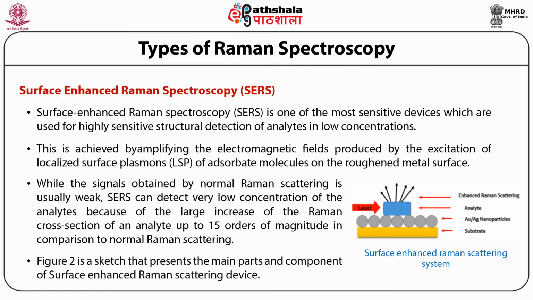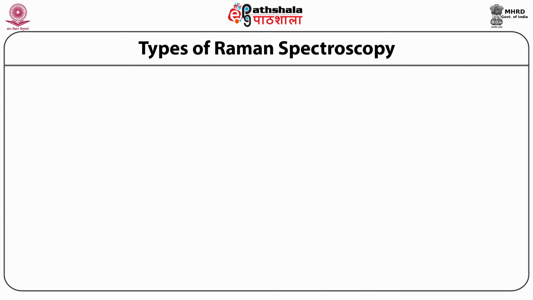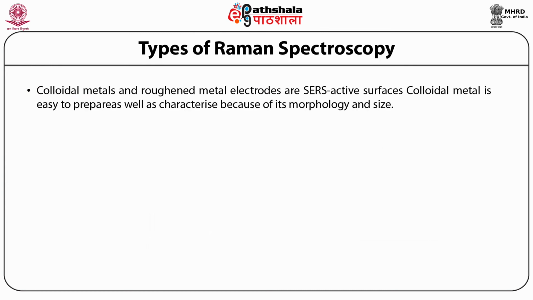Figure 2 is a sketch that presents the main parts and components of a surface enhanced Raman scattering device. Colloidal metals and roughened metal electrodes are SERS active surfaces.